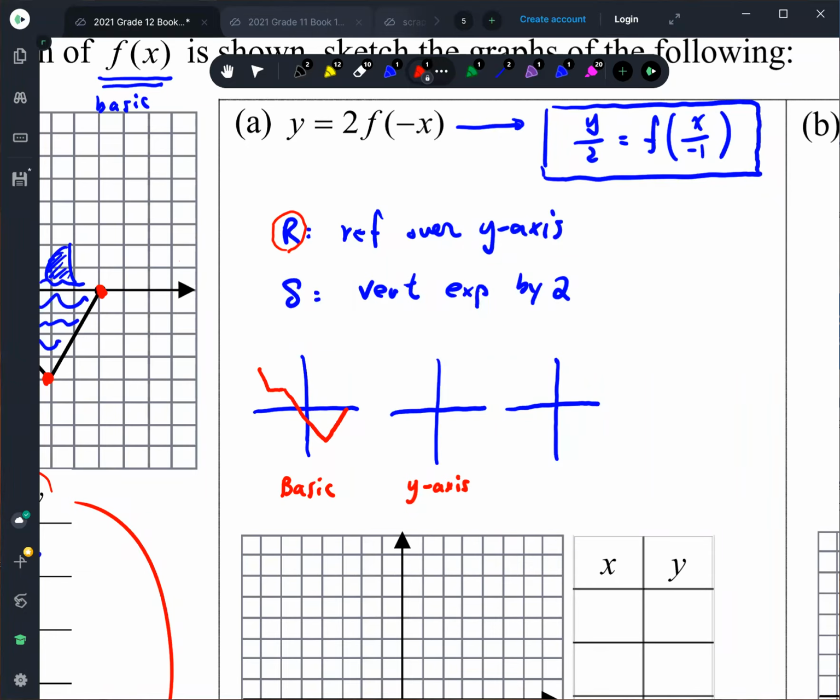Flip the red graph over the y-axis, and think about what it looks like. Whatever is on the right side will go to the left, and whatever is on the left side will flip to the right side. That's reflect over y-axis. You put a mirror on the y-axis.